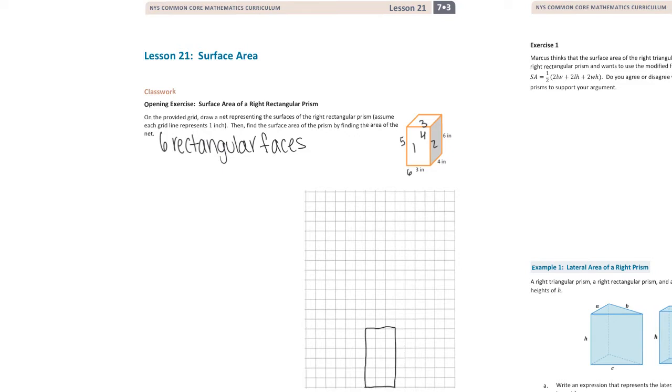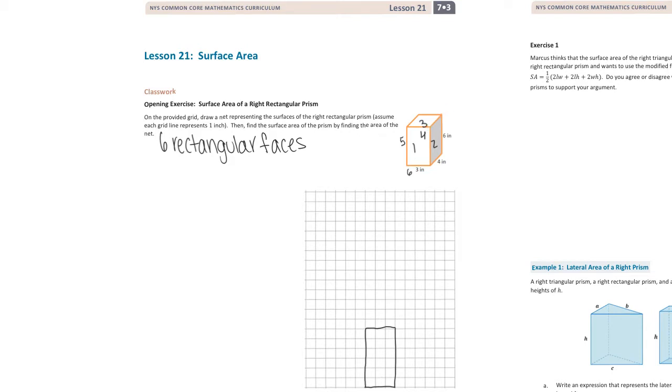Now, let's create our second rectangle. Our second rectangle is going to need to be above this one. So here when I go above, I see that I have this face now. To find the dimensions of this face, I know that it is going to be 3 by 4.